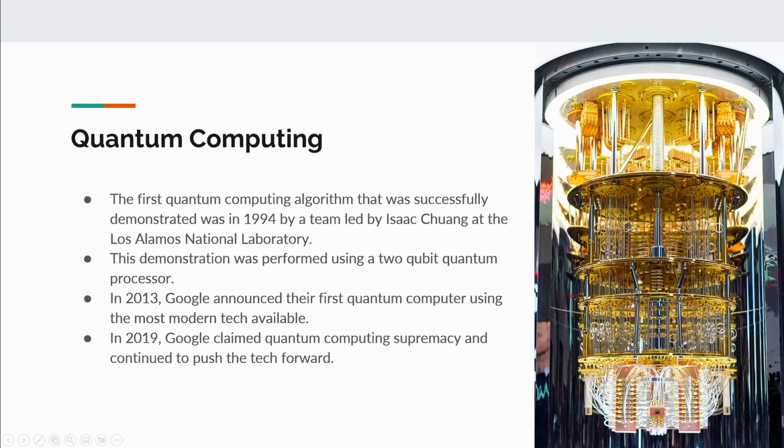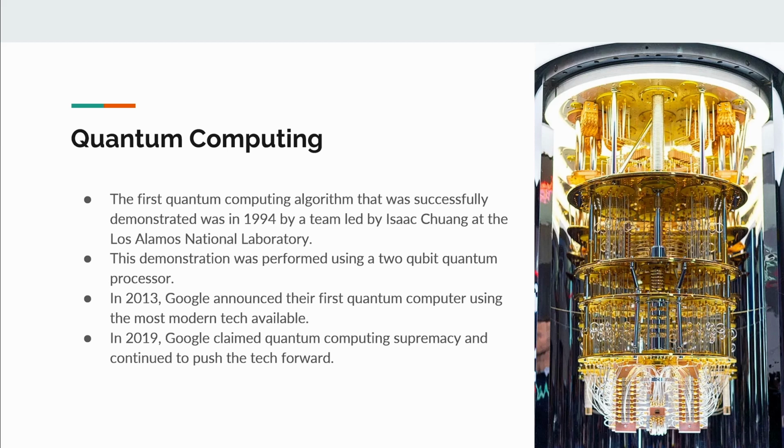So, the first quantum computing algorithm was successfully demonstrated in 1994 by a team led by Isaac Chuang at the Los Alamos National Laboratory. This demonstration was performed using a 2-qubit quantum processor.